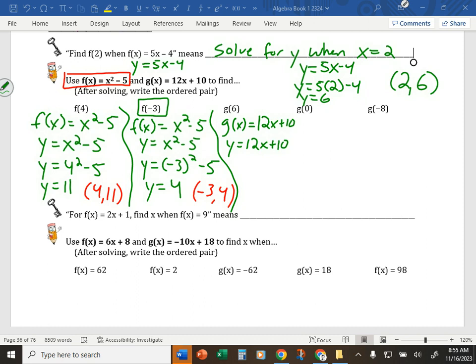G of 6 means we're replacing x with 6 to solve for y. And what is 12 times 6 plus 10? 82. So what we just found out is that the ordered pair 6, 82 would be on the graph of that equation.